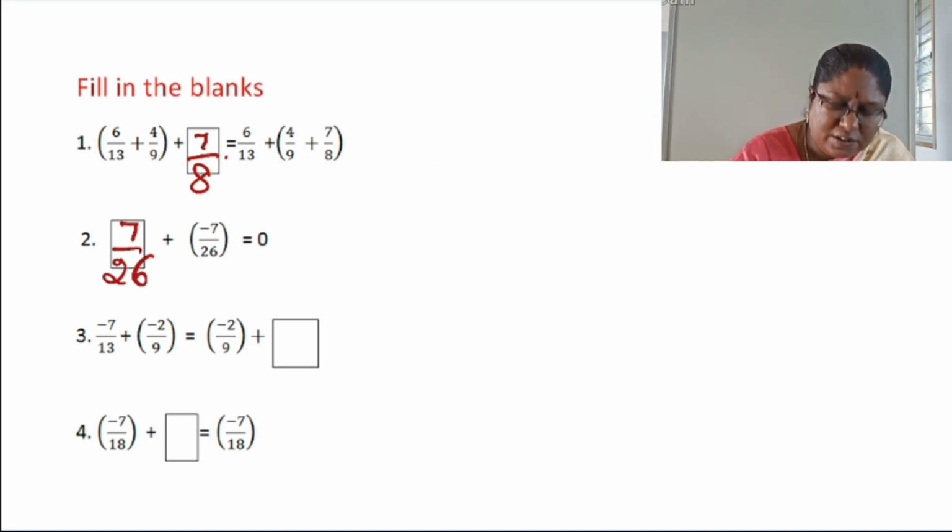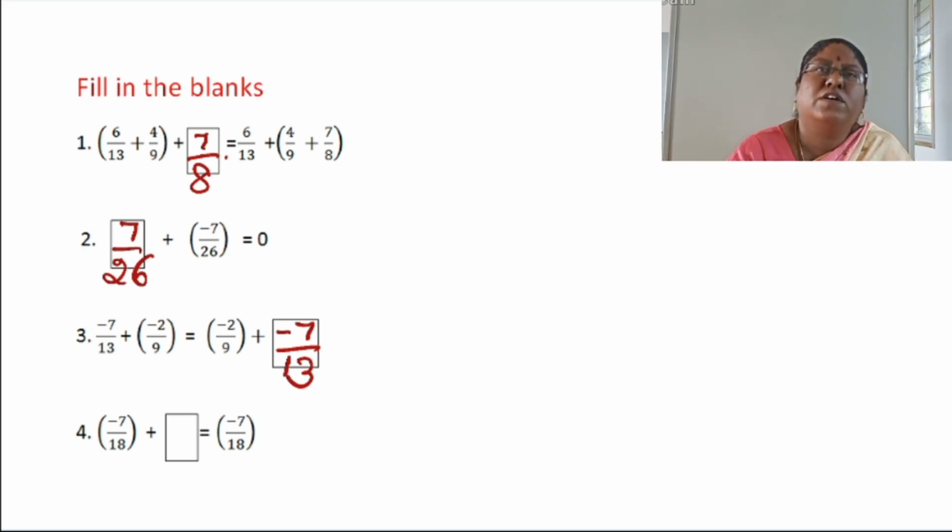Next, minus 7 by 13 plus minus 2 by 9, and you have to get the same numbers on both sides, so which property? The commutative property. Next, the fourth: minus 7 by 18 added to some number, and the answer is also minus 7 by 18. So here you will add 0.